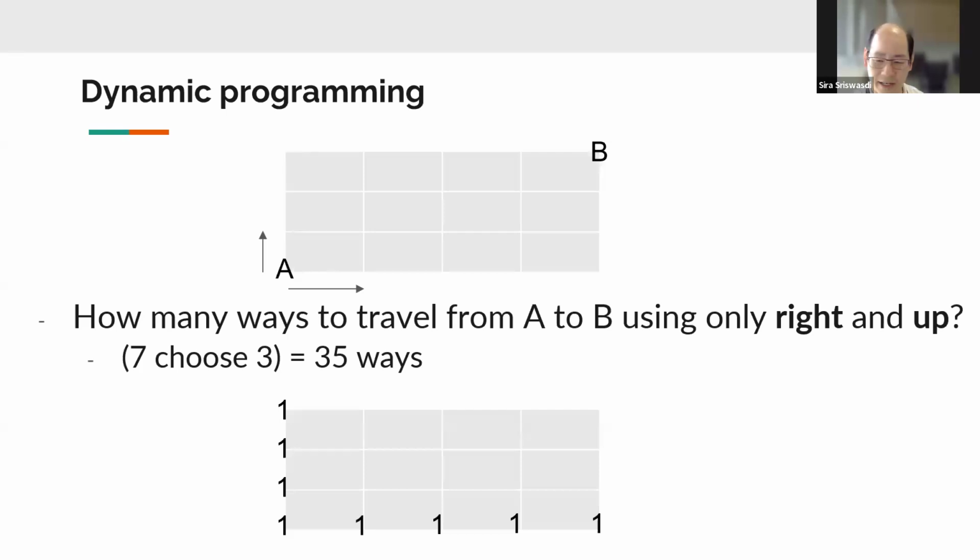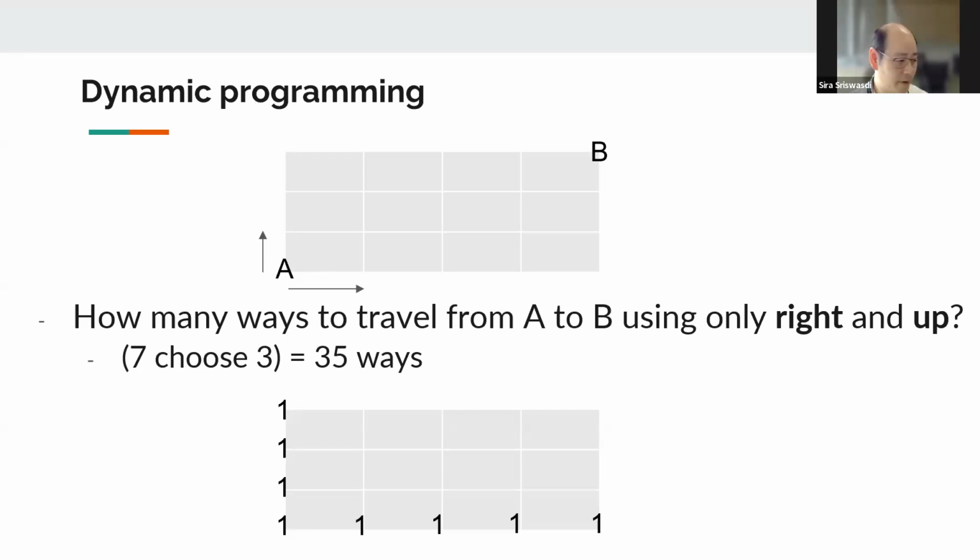For mathematics students, they will answer 35 ways right away because this is a classic problem. But we are going to use dynamic programming techniques to answer this problem, and we'll see that it works all the time.